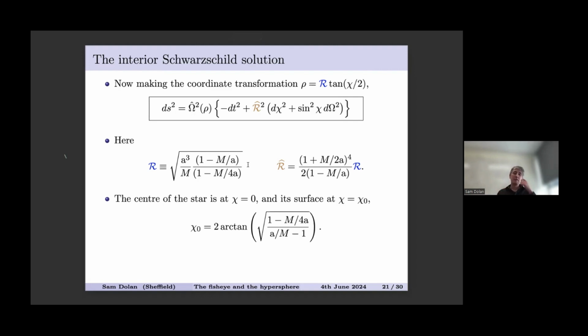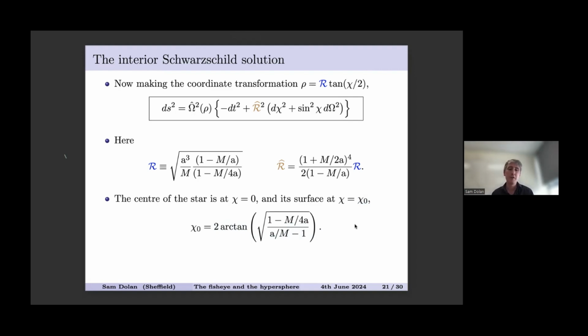So to quantify this, we should think about the value of chi, this angle going from naught potentially up to pi, to think about its value at the surface of the star. And its value is given here. So now we can think about some interesting special cases. When can we get perfect focusing?